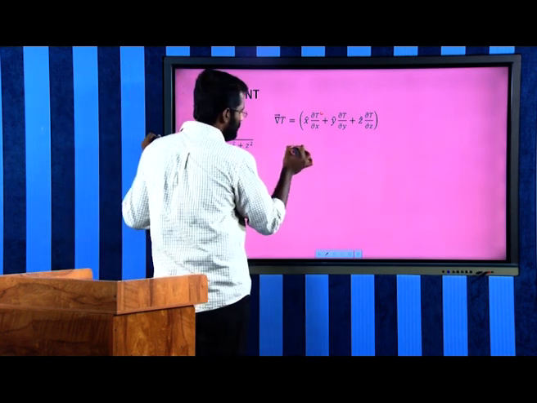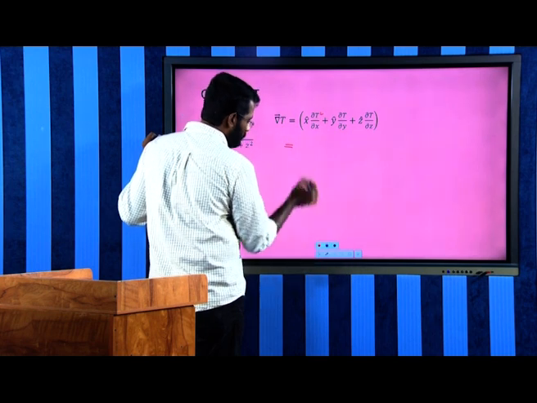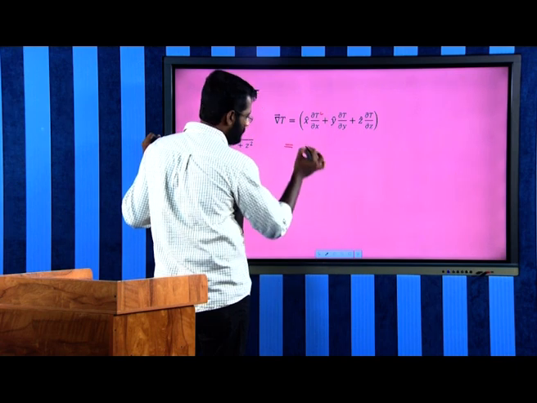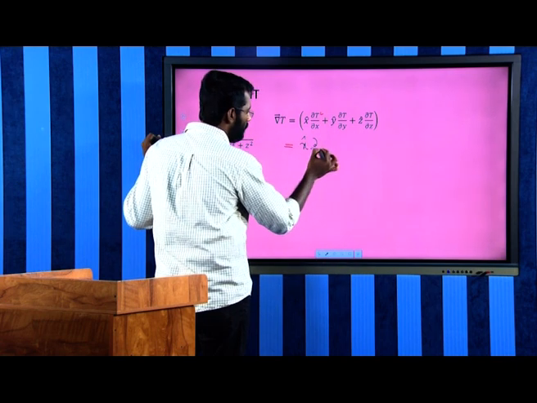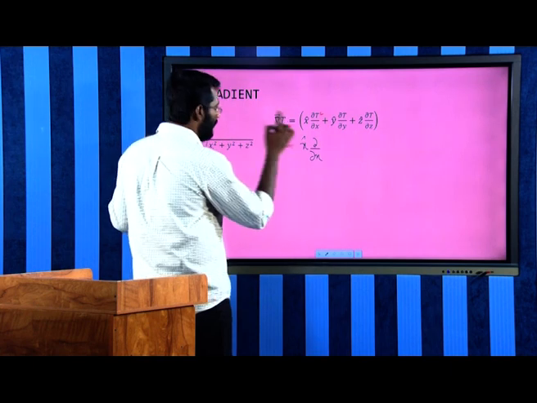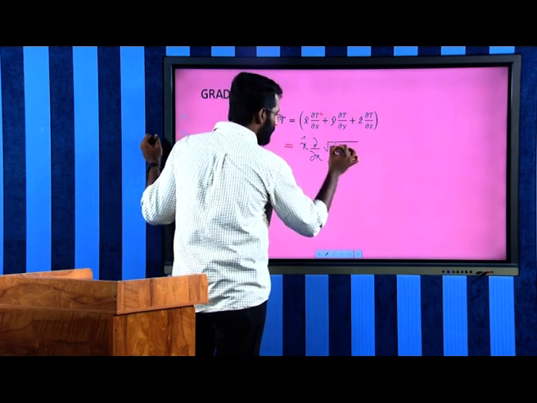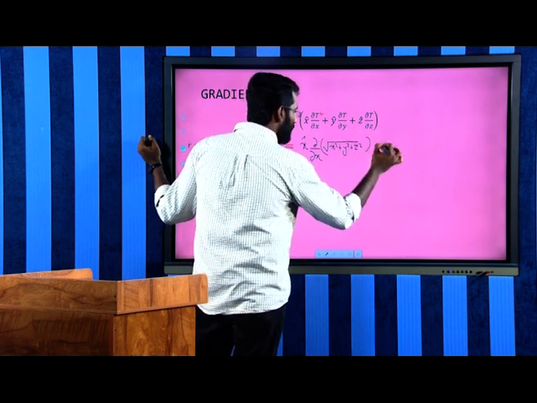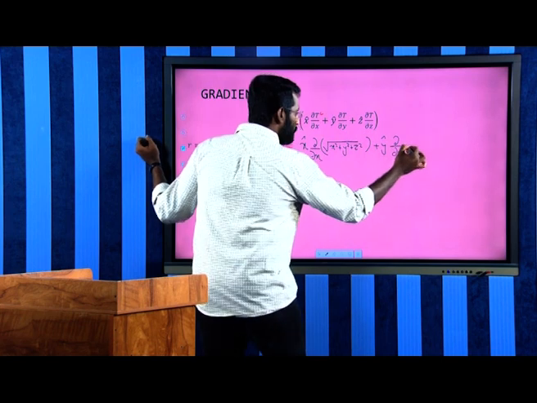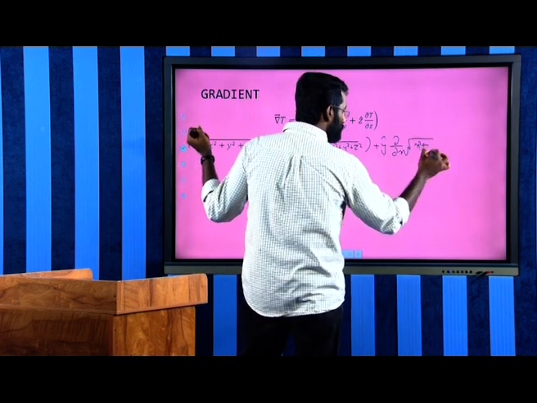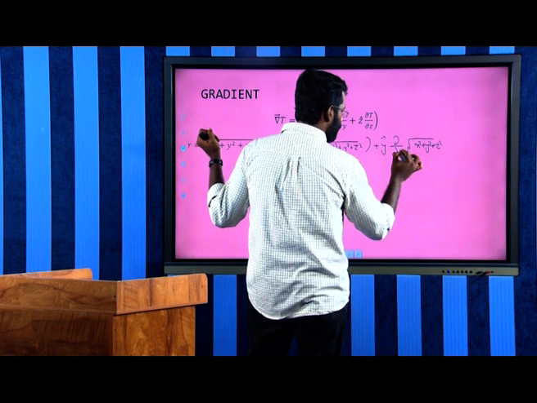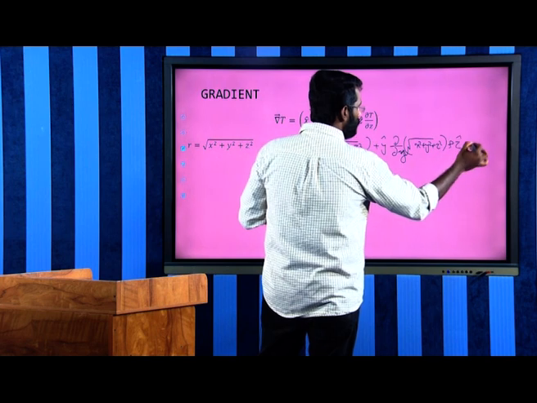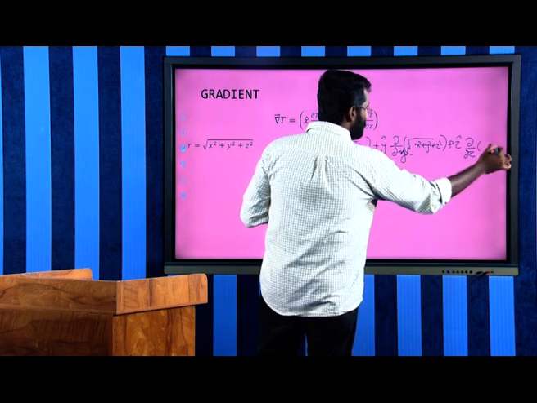So this is equal to x cap into dou by dou x of root of x square plus y square plus z square, plus y cap into dou by dou y of root of x square plus y square plus z square, plus the next term, z cap into dou by dou z of that same function.